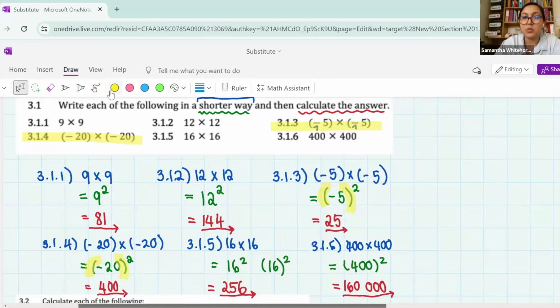If the value you are squaring is negative, like 3.1.3 and 3.1.4, then you must put brackets. But as you can see, for 3.1.1, 3.1.2, 3.1.5, etc., I didn't put the brackets in. That's not necessary. I said you can if you want to, but you don't have to. Not when both numbers are positive.